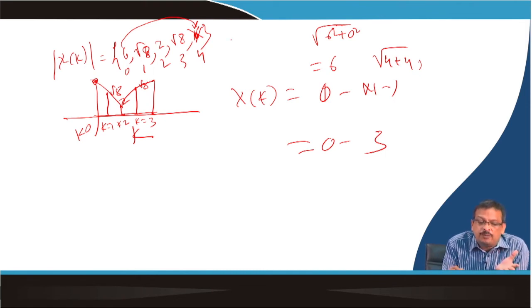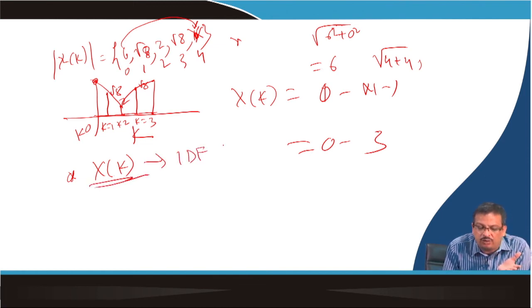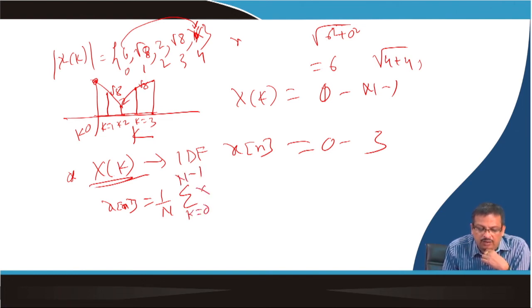So here X of n, now X of k is calculated. Now if I take the IDFT of X of k, I should get back the signal x of n. So what is IDFT? I know x of n is equal to 1 by N, sum over k equal to 0 to N minus 1, X of k multiplied by e to the power plus j 2 pi by 4 into nk.